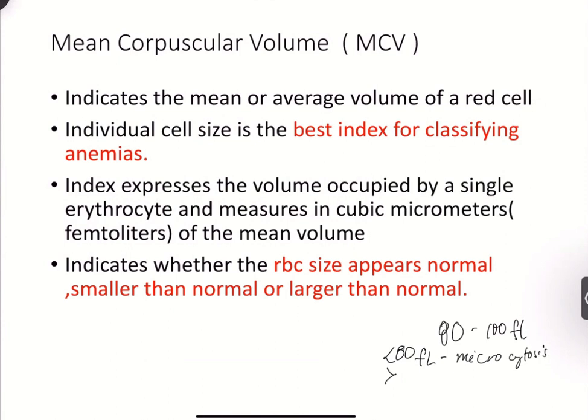While greater than 100 results in macrocytosis. Then if it's within this range, it is called normocytic.